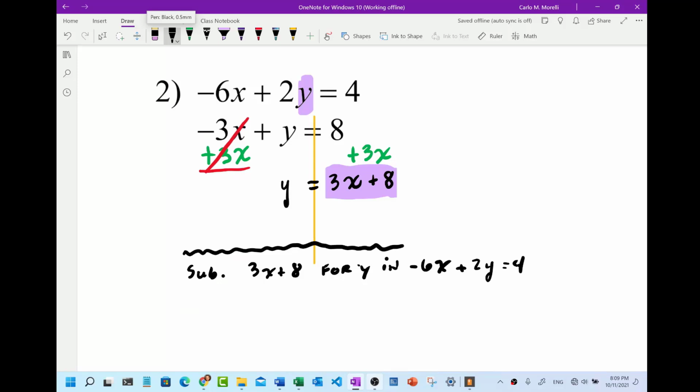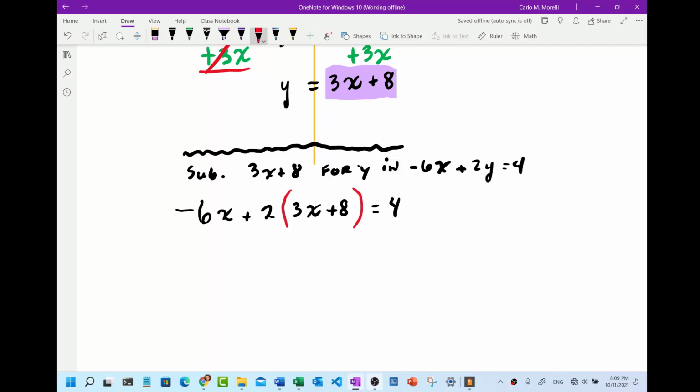So we're going to write negative 6x plus 2, and then open parentheses, and then we're going to put in 3x plus 8, close parentheses, equals 4. Okay?